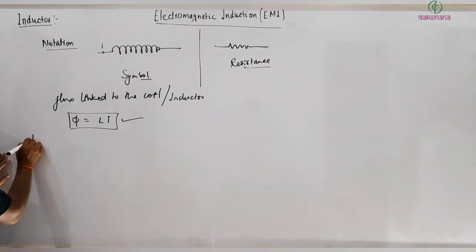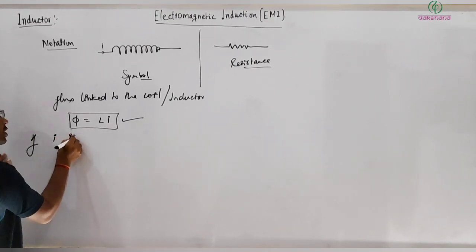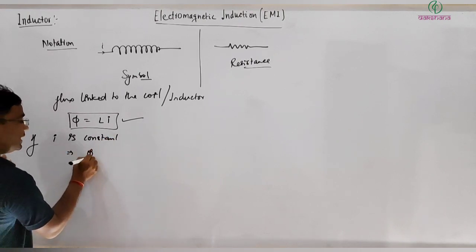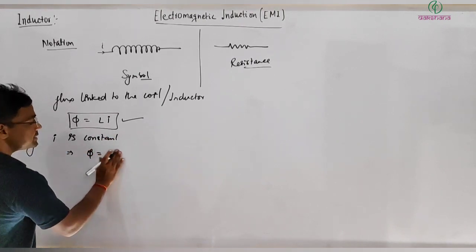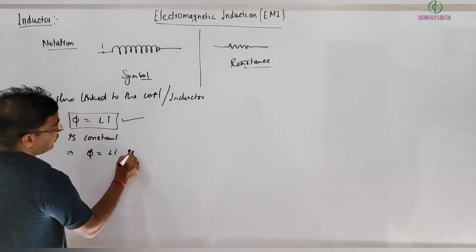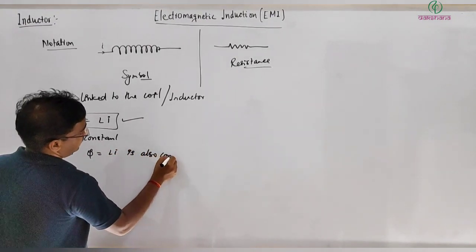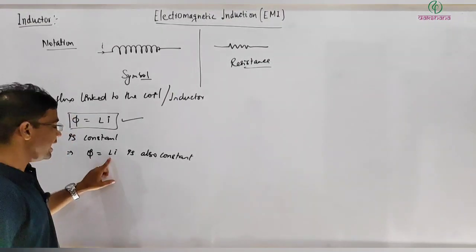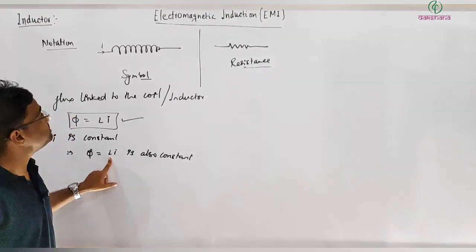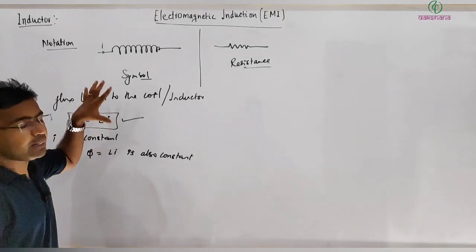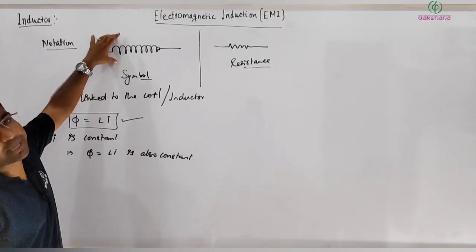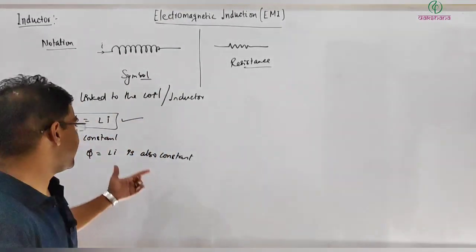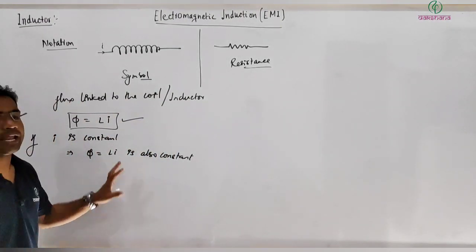So if I is constant, then phi equal to LI is also constant. Even when I is 0, L will still be there, because L does not depend on I; it's like a geometrical parameter. So if a coil is there, it automatically has inductance, and its self inductance is L.